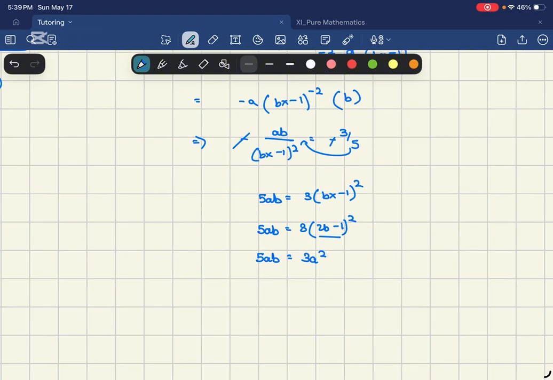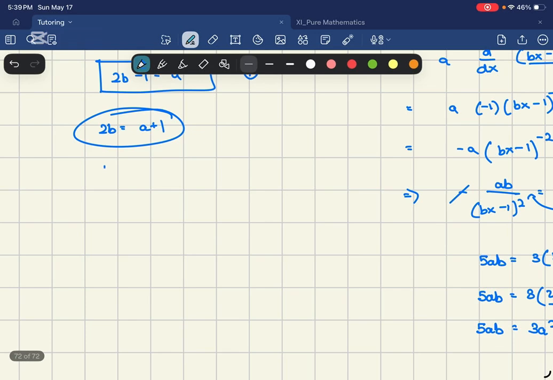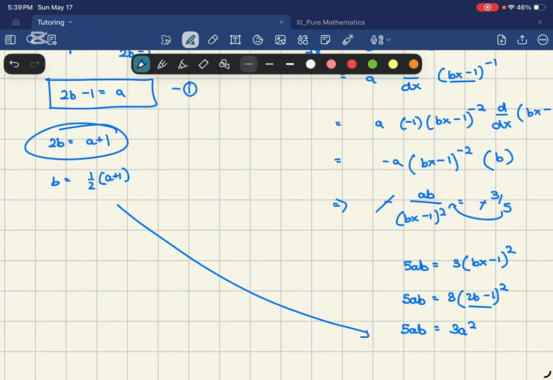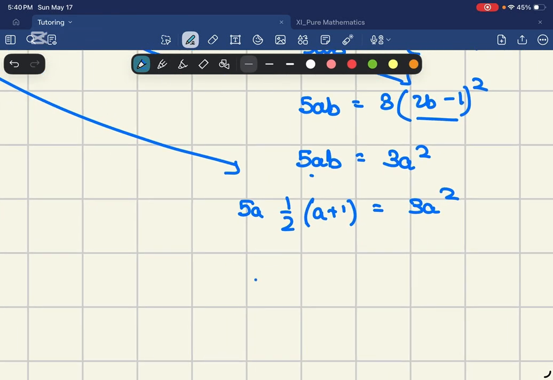3a squared. All right. And now, I can substitute b to be half of a plus 1. So I substitute 2b here, and then I substitute b here. So 5a times b, which is half of a plus 1, is equal to 3a squared. All right, so I multiply by 2 on both sides.